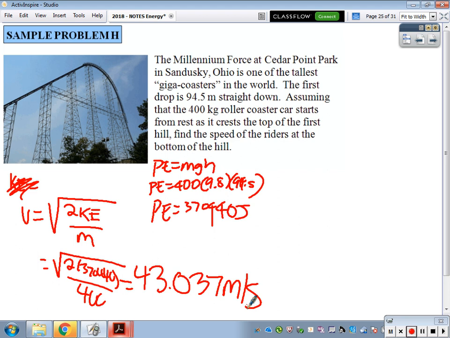As this coaster cuts through the air at a 94.5 meter drop, is it going to encounter some significant air resistance? Yes. Is there going to be resistance between the car and the track? Yes. There are some forms of energy loss on this. Just know this is the starting point for us to then have that discussion.